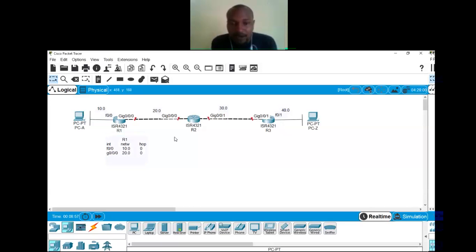Let me write also the directly connected networks for the other router. So before I do that, let me copy this, Control A, copy, and then now I just paste here. I don't want to change a lot of information.